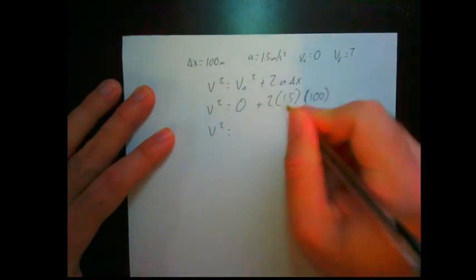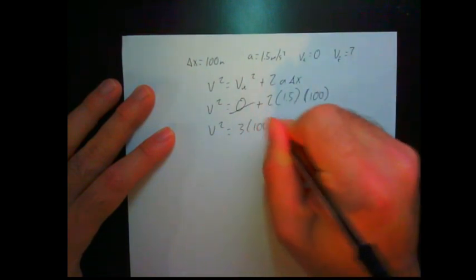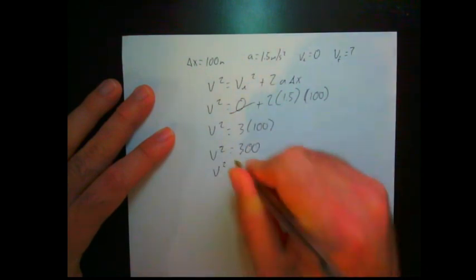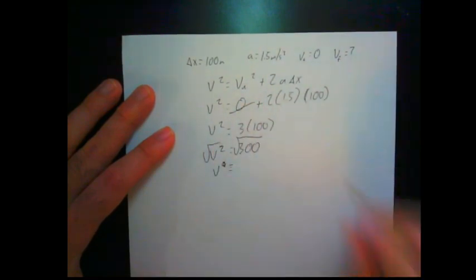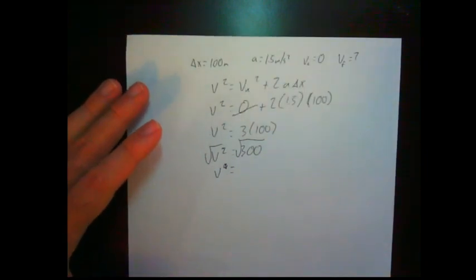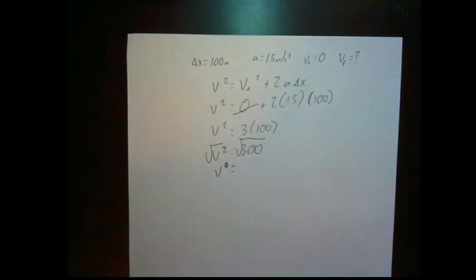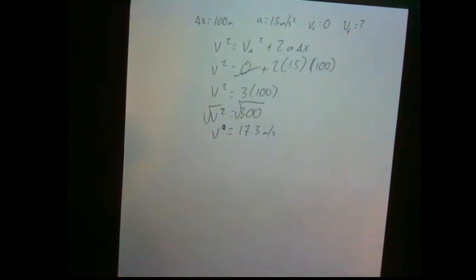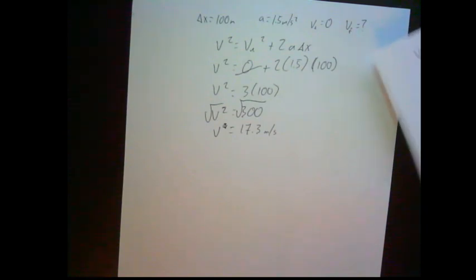So v squared equals, all that's gone, 2 times 1.5 is 3 times 100. 3 times 100 is 300, and then the square root of 300 is, I need a calculator for this. I cannot do a square root off the top of my head. 17.3 meters per second. So if our ramp was only 100 meters long, we could not get it up to 70 miles an hour. We could get it up to 17.3 meters per second.